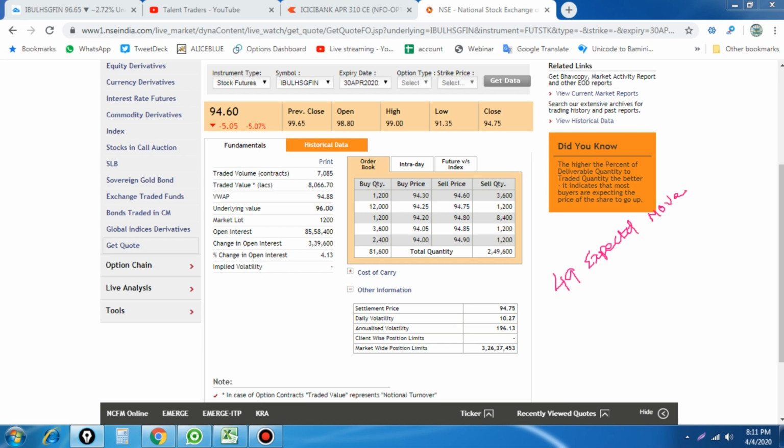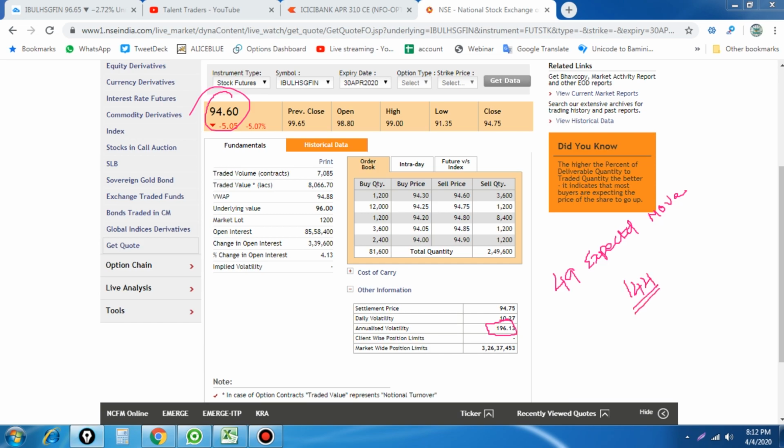So what it is telling you is that from this particular price of 94.6, the stock has the ability to move almost 49 points. If this expected volatility, that is historical volatility, happens, the stock will move in the upper range to 144.